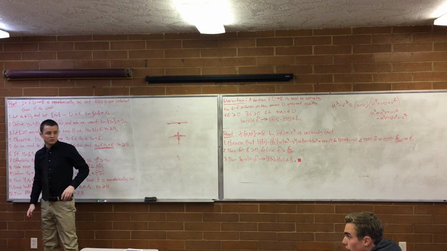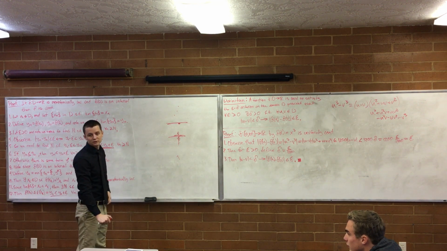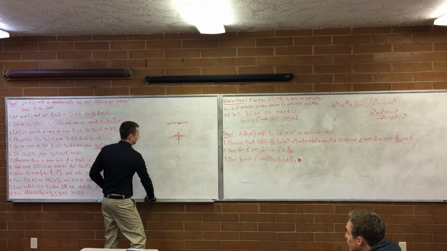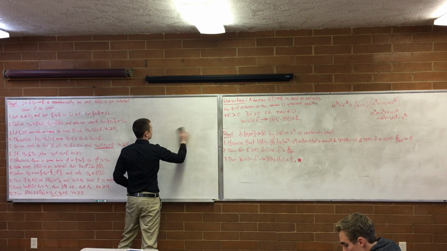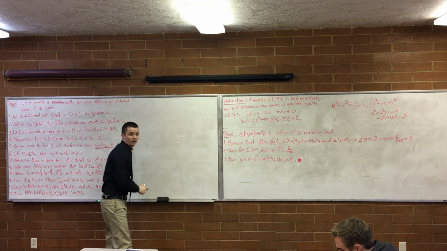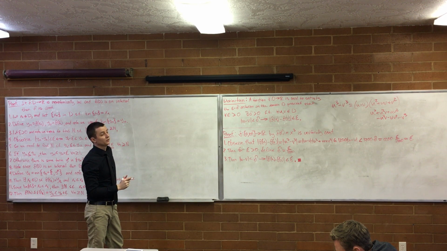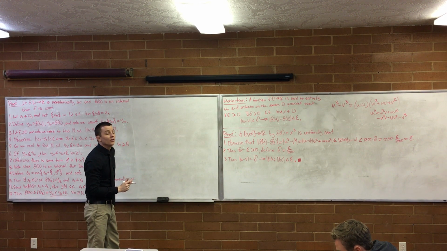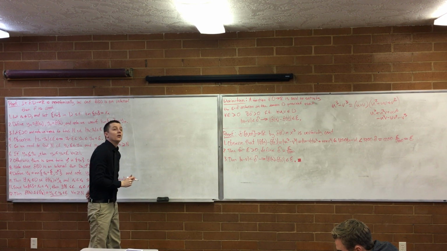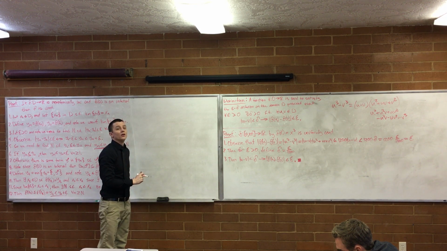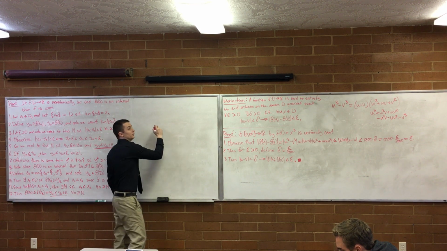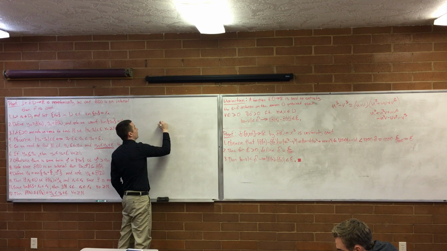1 over n plus 1. Oh wait, no, that's decreasing. So you need something like, let's think what we want. Let's see, we want n minus 1 over n.